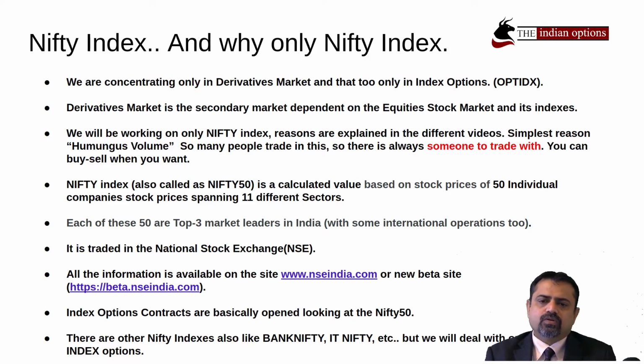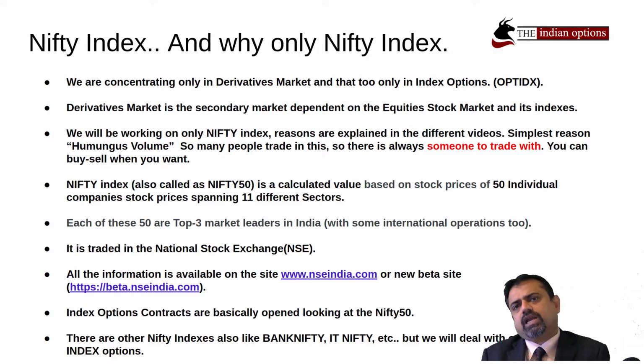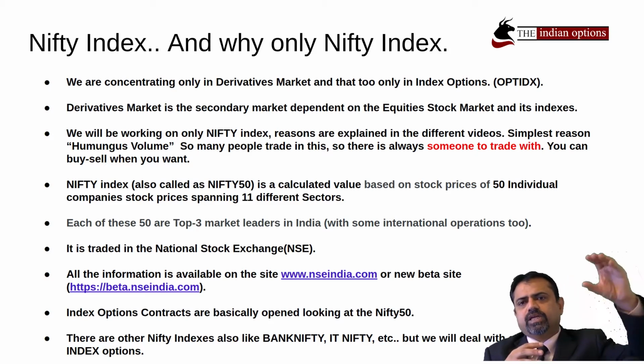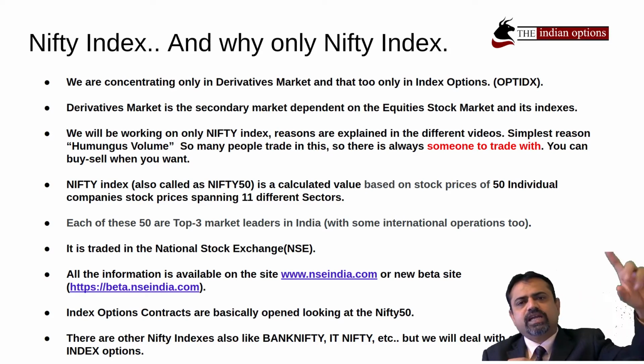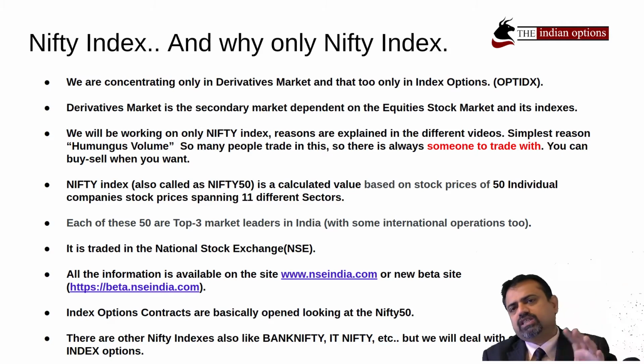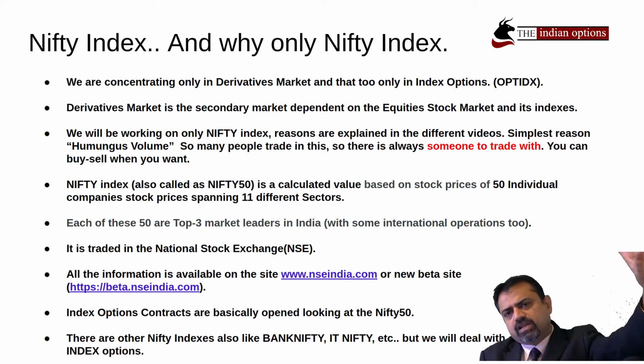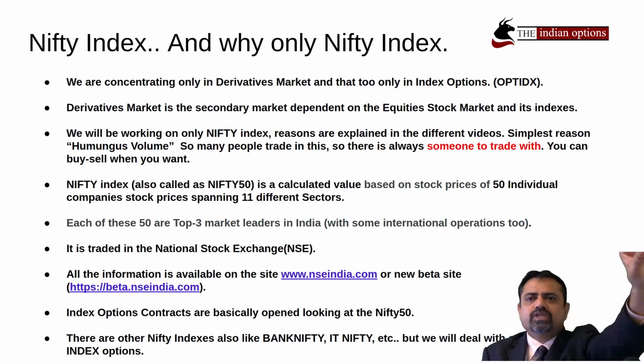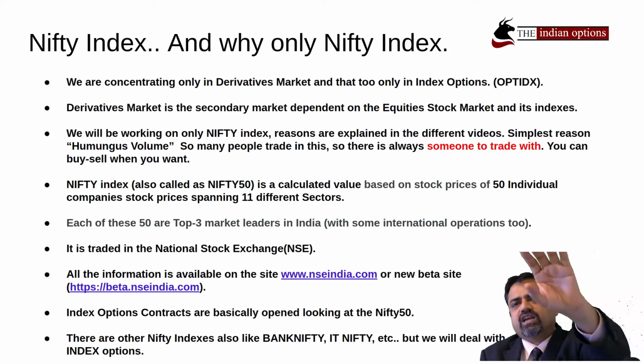The derivative market is a secondary market, based on the Nifty itself. The Nifty is just an indication of what is happening, and based on that indication we trade. We also saw this in the onion prices example. In that real-life example, there is a market, and there is one board which just says what the price of onion is right now.